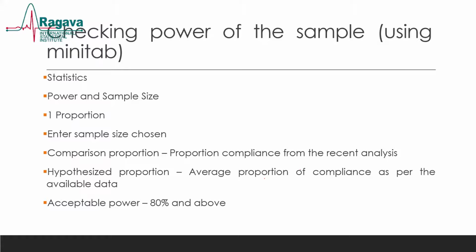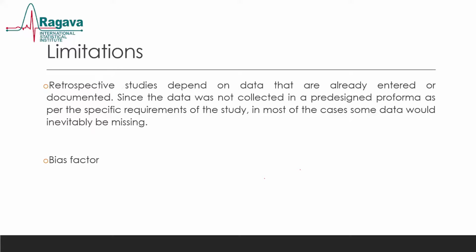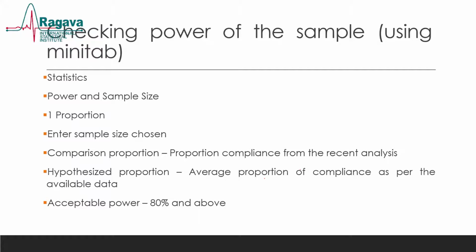So in case you are looking at a 0.80 compliance proportion, and a 0.78 or 0.79 hypothesized proportion, the percentage of acceptable power that will be calculated is only about 6%. In that case, it means that you have either gone wrong with regards to your sample size, or your sampling method has to be re-looked into.